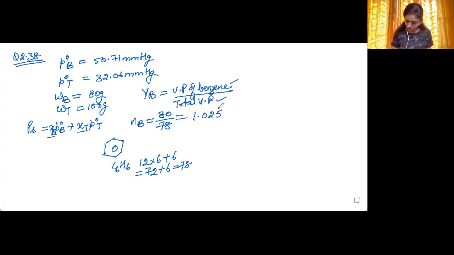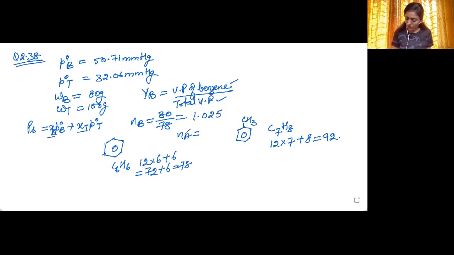Then for toluene, this is the structure of toluene, C7H8. 12 multiplied by 7 plus 8 comes out to be equal to 92.